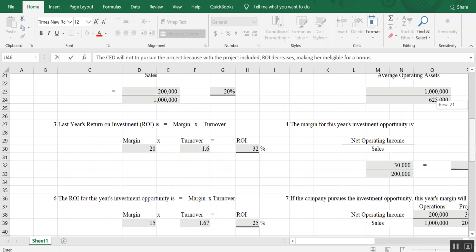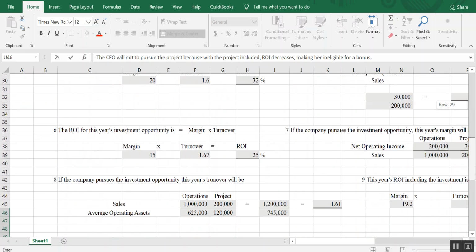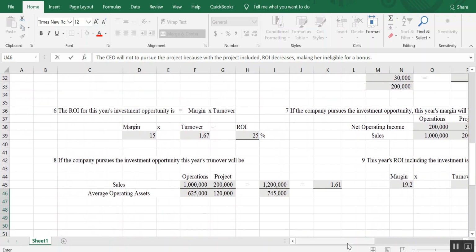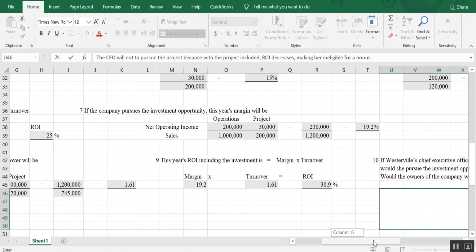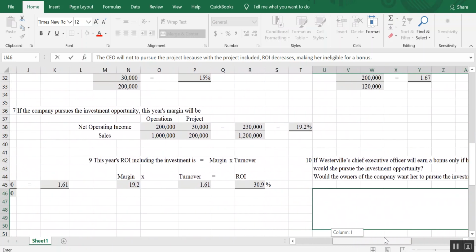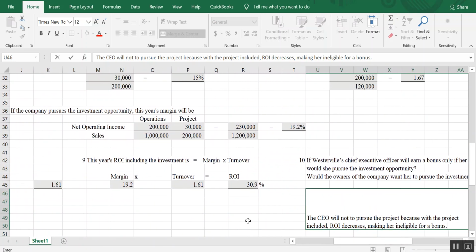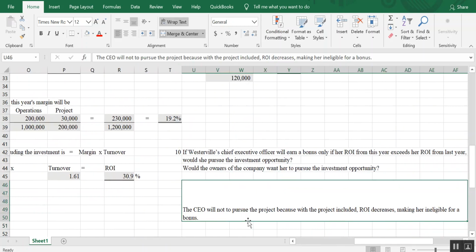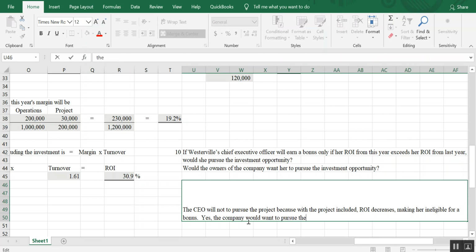So you have a return of 30.9 right here, and the company wants at least 15%, so the company is going to say yes, we want to pursue this project. So the answer to part 2 would be yes, the company would want to pursue the project.